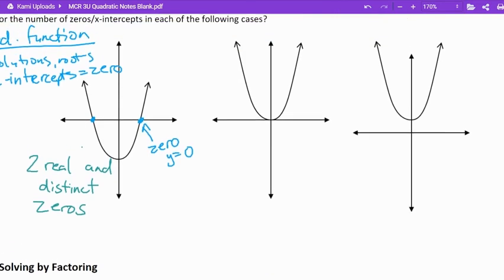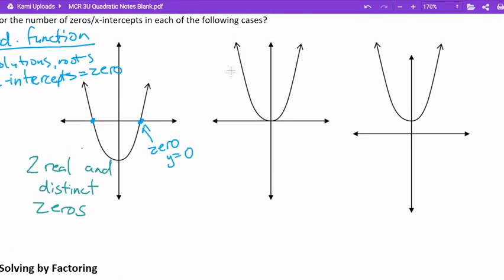In the second scenario, where the vertex is on the x-axis, now keep in mind, this quadratic function could have been upside down, right? As long as the vertex is on the x-axis. In this case, we use two phrases. Sometimes we'll say 1 zero, because the parabola only touches the x-axis once.